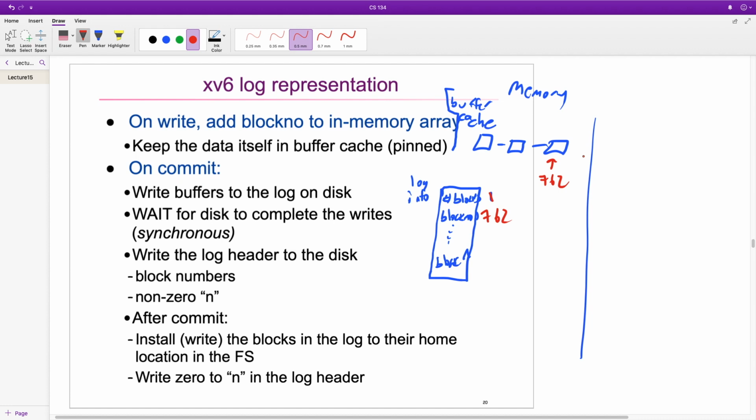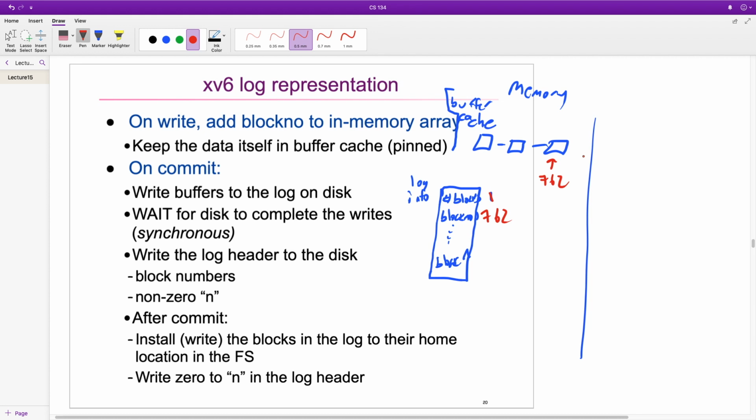That means the contents of this should eventually be written to 762 on disk, to the file system 762. But we're just keeping this in memory for right now. As we go through, we're accumulating all of the writes that are going to happen, and we're going to be updating this log in memory for the moment. We will have to get it to disk at some point.